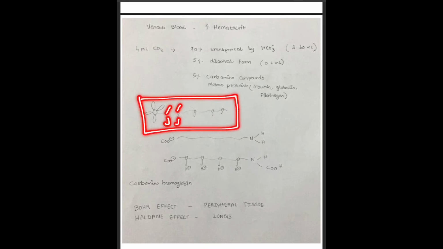So as we discussed earlier, this is a hemoglobin structure, and these are histidine amino acids with the hooks. These histidine amino acids with the hooks are negatively charged, so they will attract the positively charged hydrogen ions.